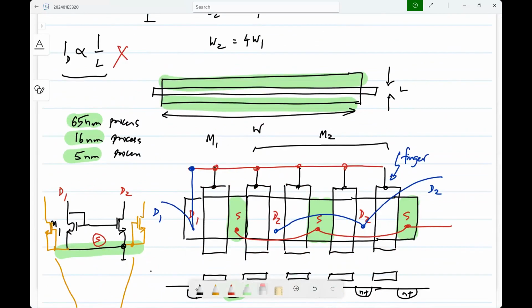That calculation you can do yourselves, you understand? So if I had, let's say, a 100 micron wide device versus 100 times 1 micron wide, laid out in the fingered structure like that, you will have half the source and drain area.